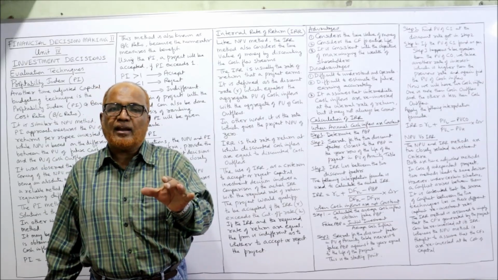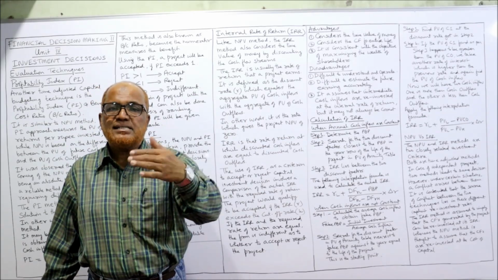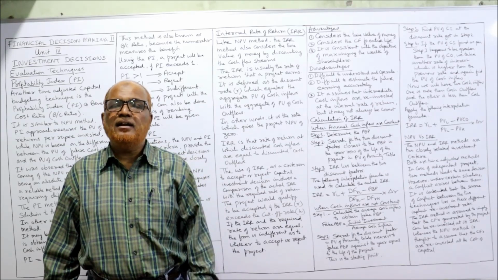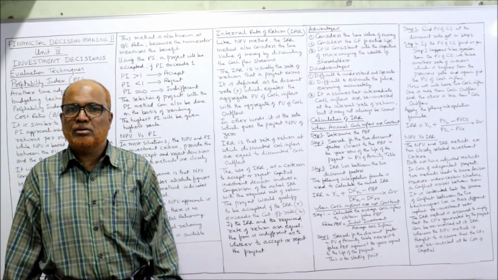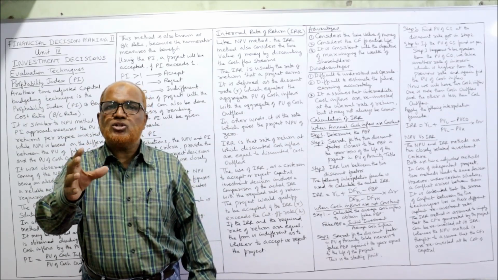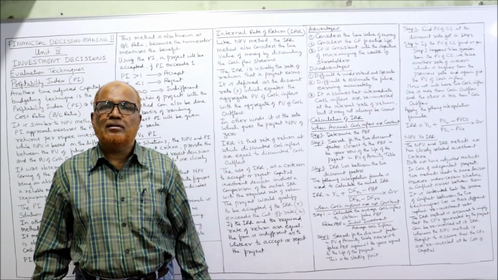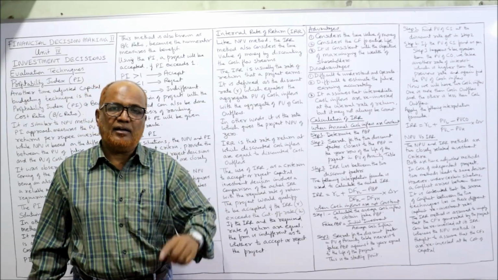The conflict arises on account of the assumption regarding the reinvestment of intermediate cash inflows, which is different in NPV and IRR.